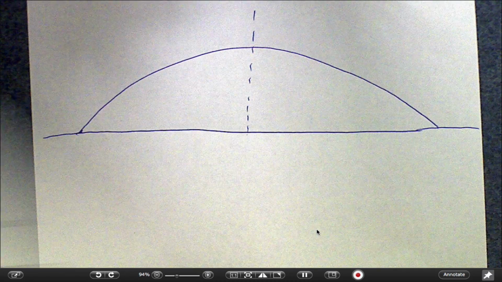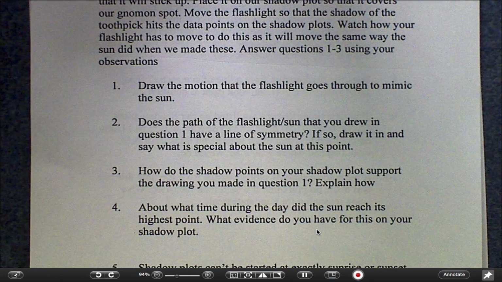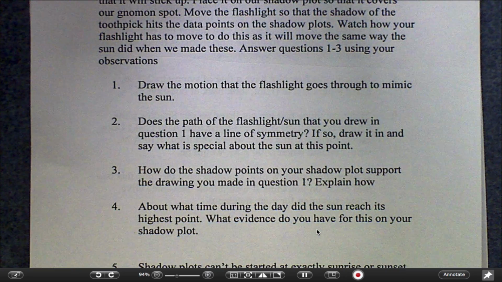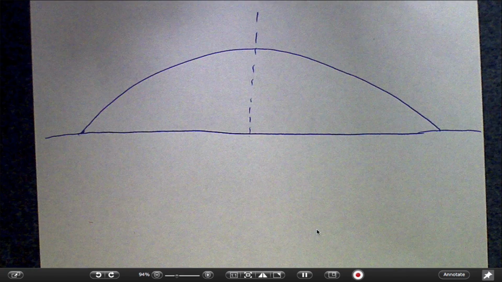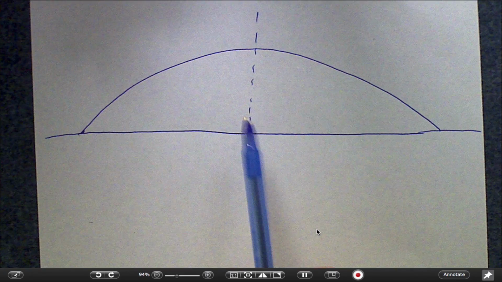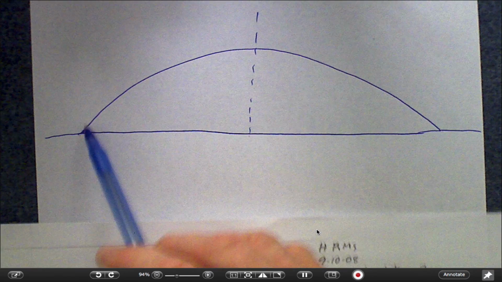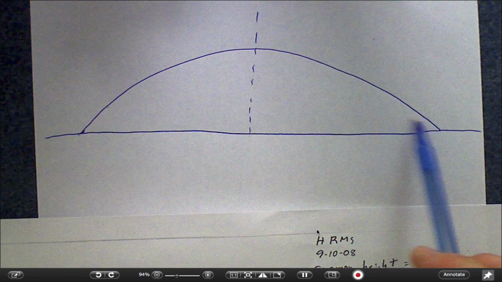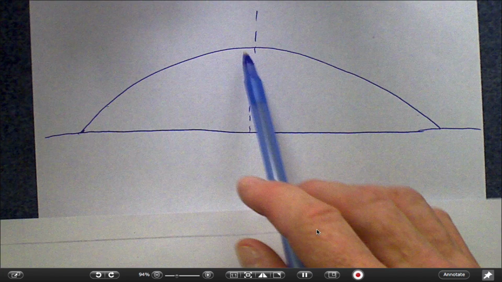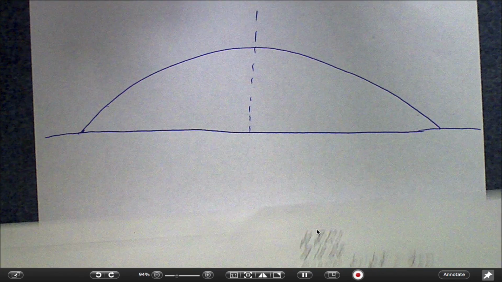And then it says, for 3, do the shadow points on your plot support the drawing you made in question 1? Well, let's look at it. What this tells us is that we have a line of symmetry here. We have a very low sun in the morning and afternoon, and a very high sun in the middle of the day. And of course, that's exactly what our shadow plots show.